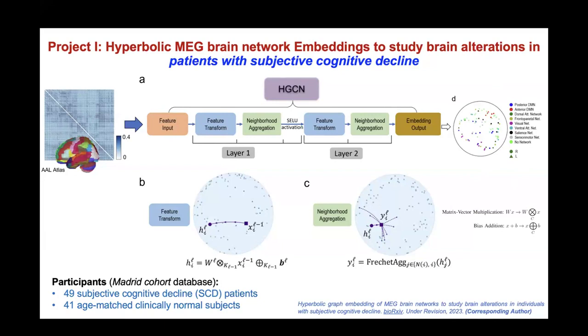This is very initial because not many papers use hyperbolic embedding for brain connectivity. So in the very beginning, we need to validate that this approach works for the brain connectome.